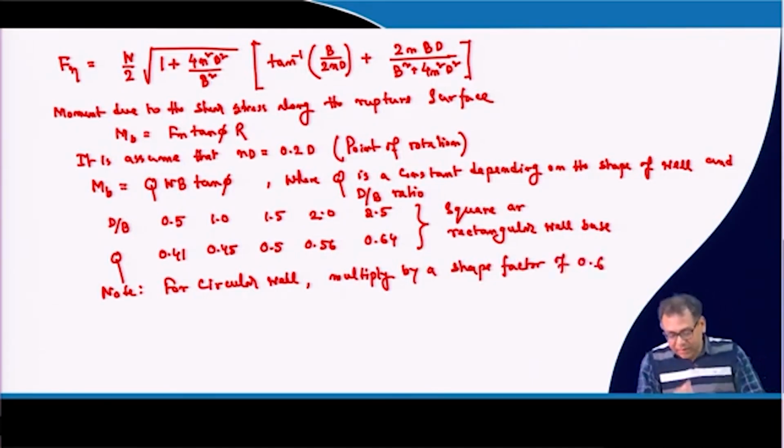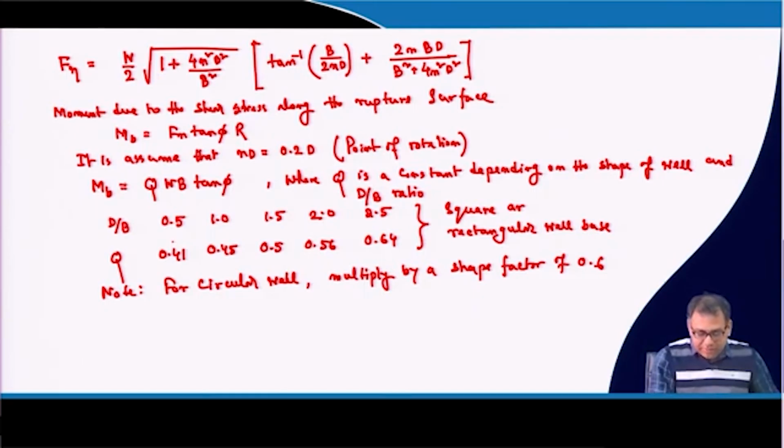So that means for circular well we first get the q value from this table, and then we have to multiply these values by 0.6. For square and rectangular well bases we can directly use these values, but for circular well we have to multiply by 0.6 with these values. Okay.